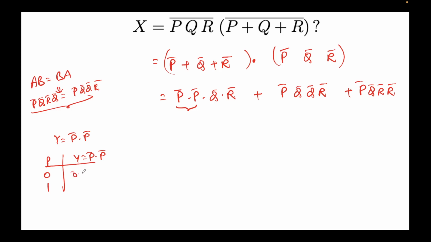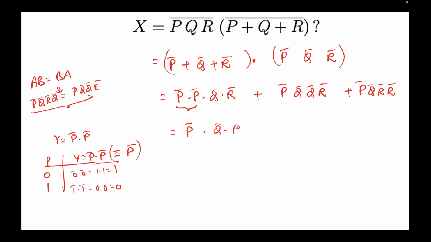It will be 0 bar dot 0 bar, which is 1 dot 1, this will be 1, and 1 bar dot 1 bar, that is 0 dot 0, is equal to 0. Now what you can see is that the output is nothing but the inversion of the input, right? This means y equal to P bar dot P bar is equivalent to just one negation. So I can reduce it to P bar.